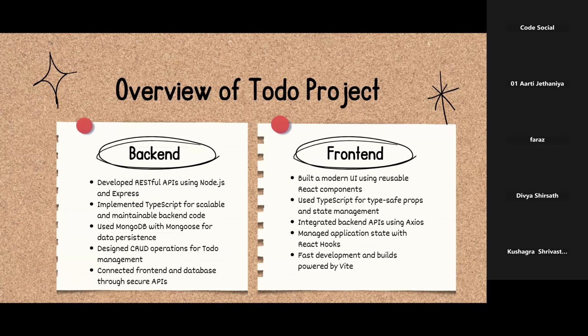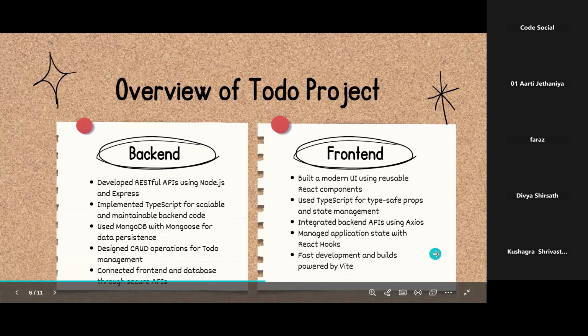So Vite provides us a variety of templates and we can use them directly. It's very lightweight, and when we move to production, it's very helpful for us. So that's how we will work on the front end.